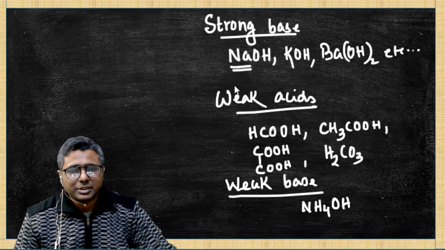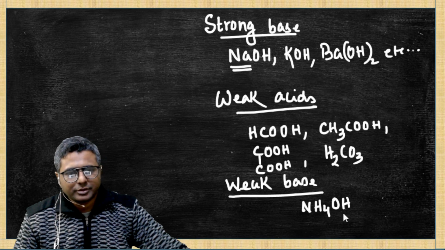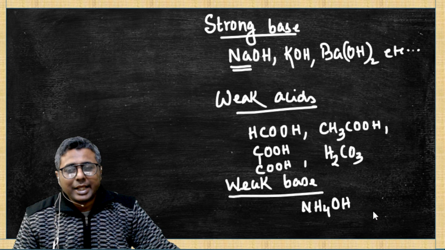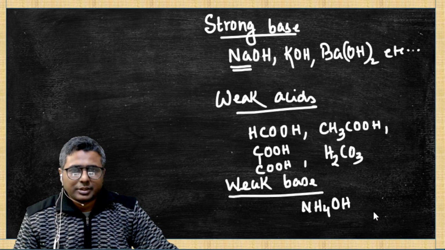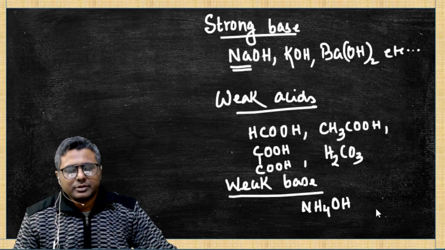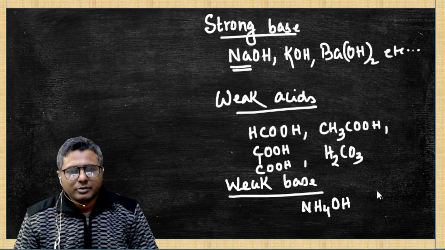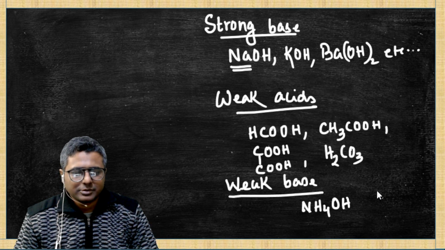It is not going to give you much OH minus in water. So, this NH4OH is not going to dissociate highly in water, and that is why it will be termed as a weak base. So, this is the basic understanding of strong acids and weak acids, strong base, weak base.